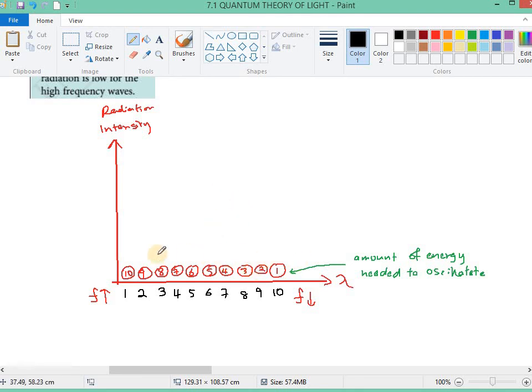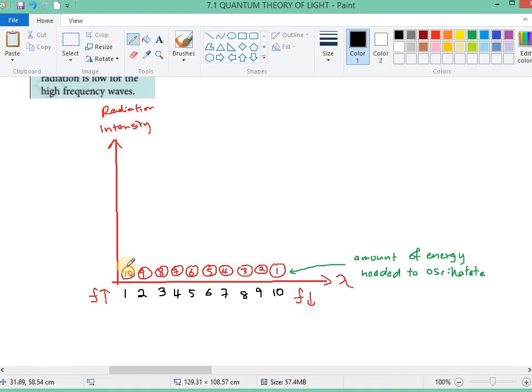Okay, so same with all these particles that absorb energy. Some particles can get a lot of energy, but the number of particles that get a lot of energy is very little, and particles that get very little energy is a lot. So what happened to the radiation intensity?